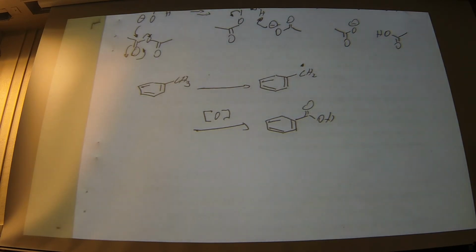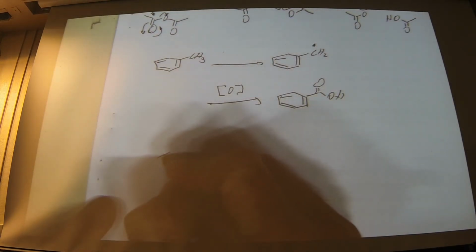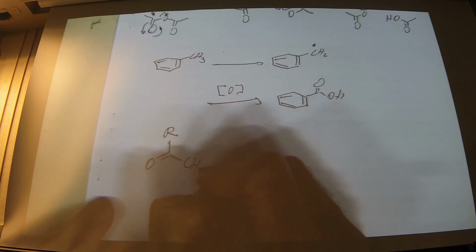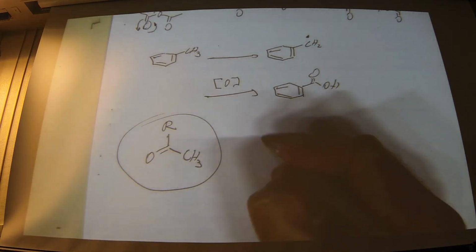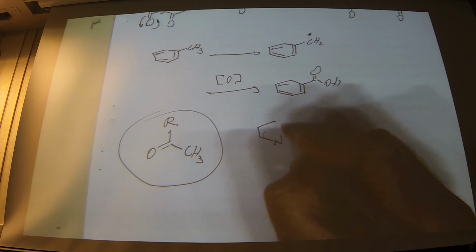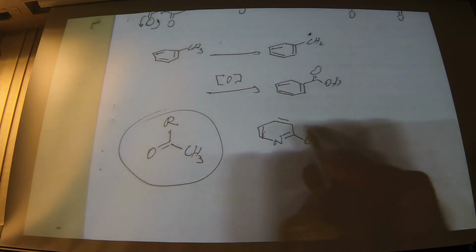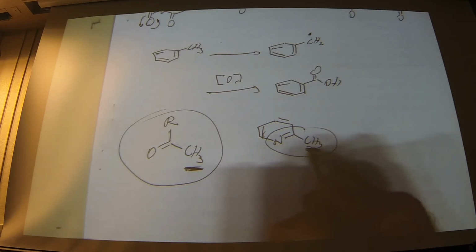Well, it turns out there's a different kind of side chain reaction that takes place with pyridine, but it is explicable if we think of, and this can just be an R group, the similarity of a methylpyridine with a methyl ketone. So if I think of the similarity of these two structures, and by similarity not just structural but in terms of reactivity, then if I look at this methyl group, of course it looks like that methyl group.